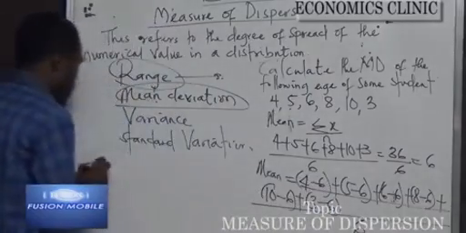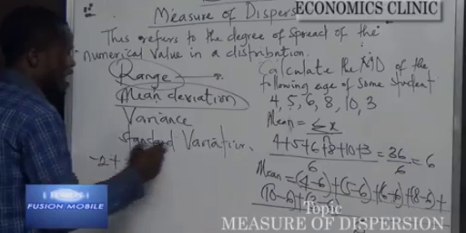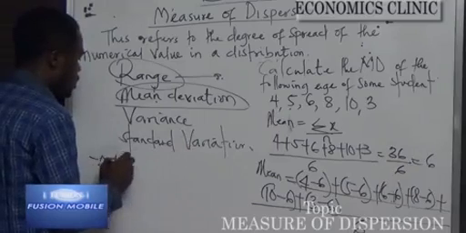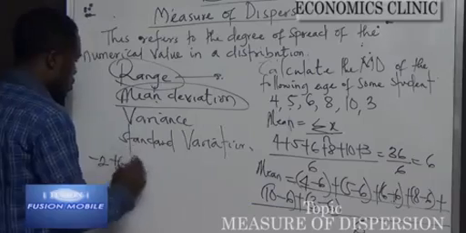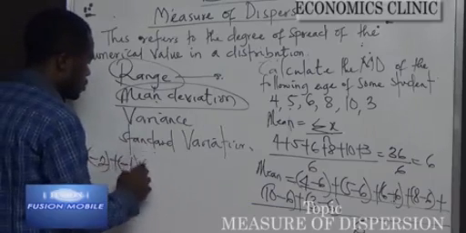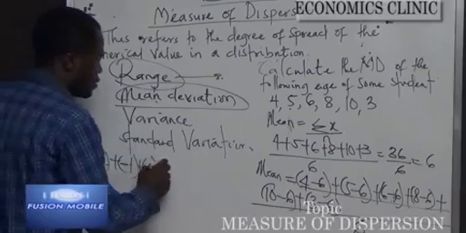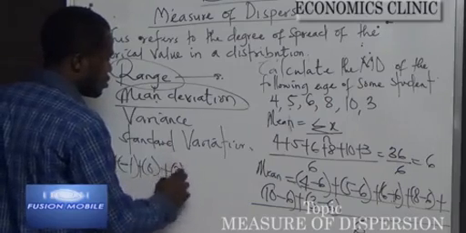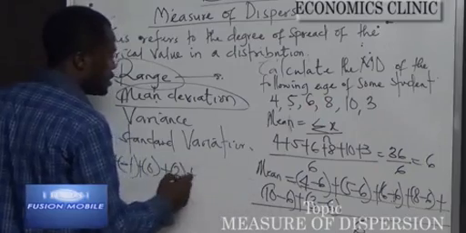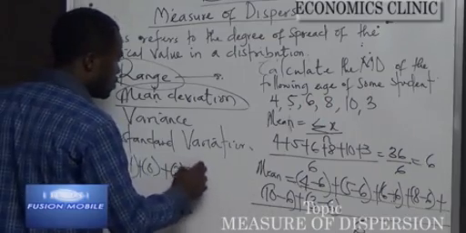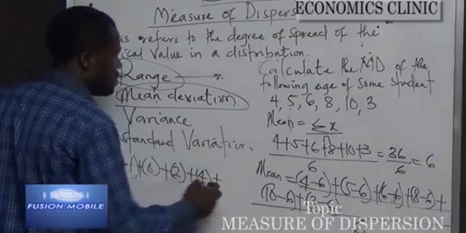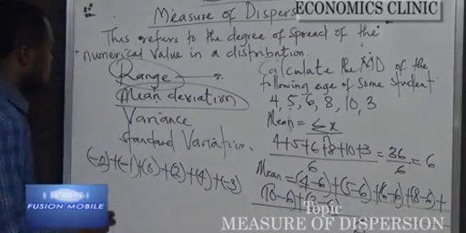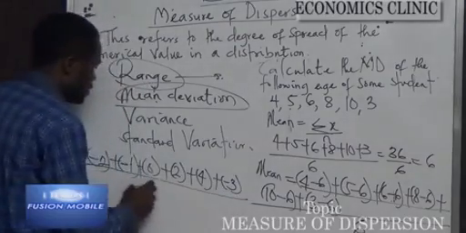4 minus 6 gives us minus 2, plus 5 minus 6 is minus 1, plus 6 minus 6 is 0, plus 8 minus 6 is 2, plus 10 minus 6 is 4, plus 3 minus 6 is minus 3, divided by 6.